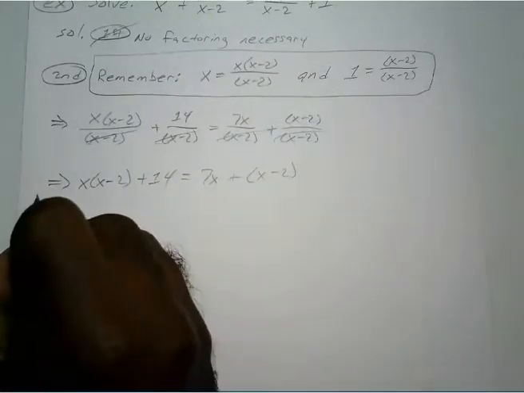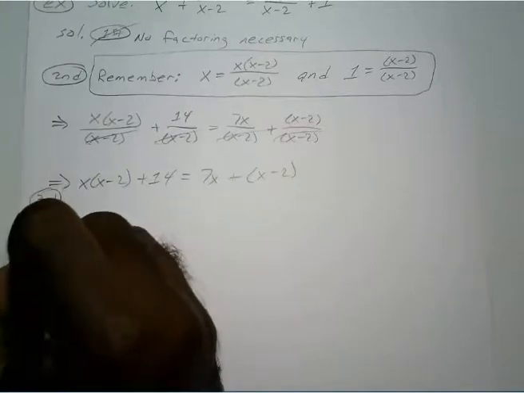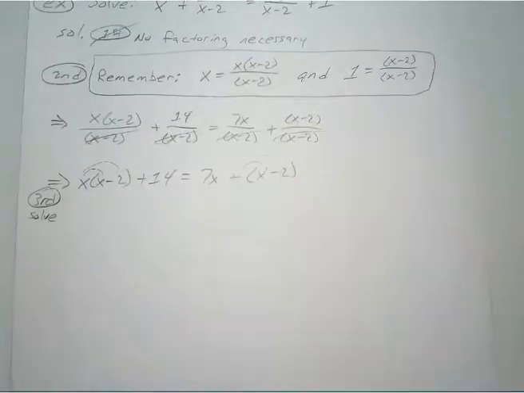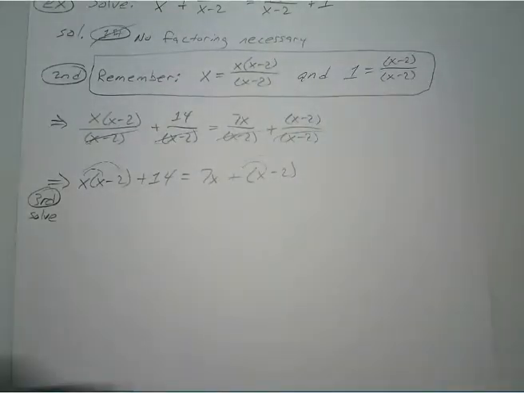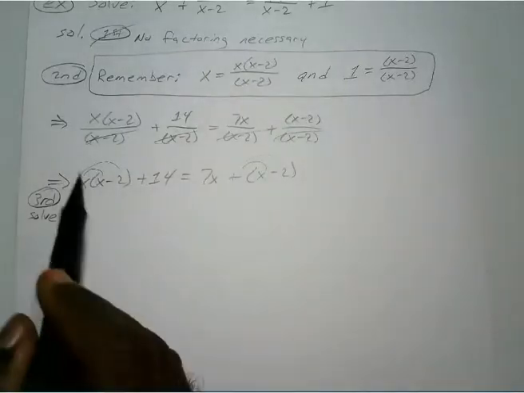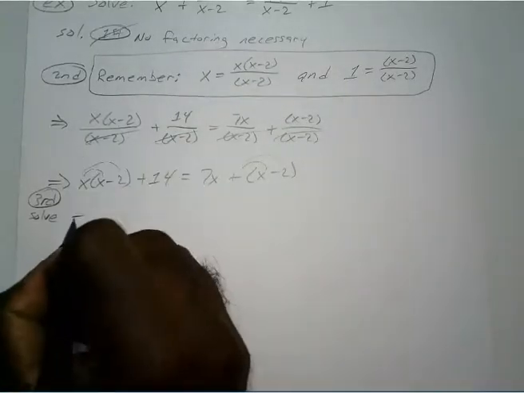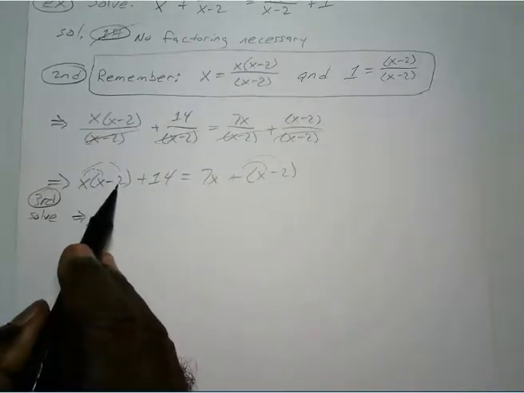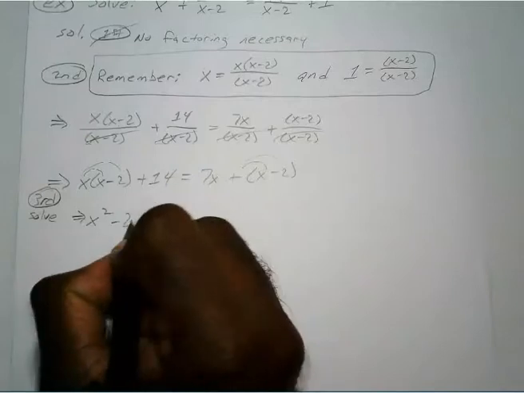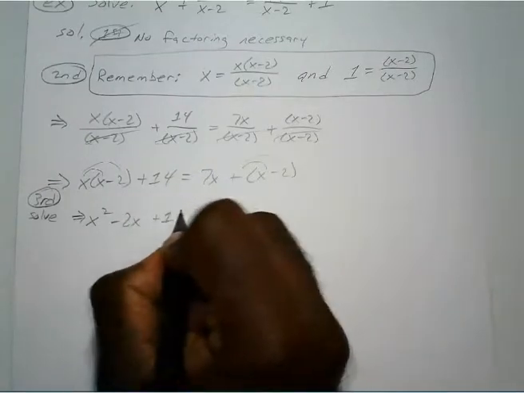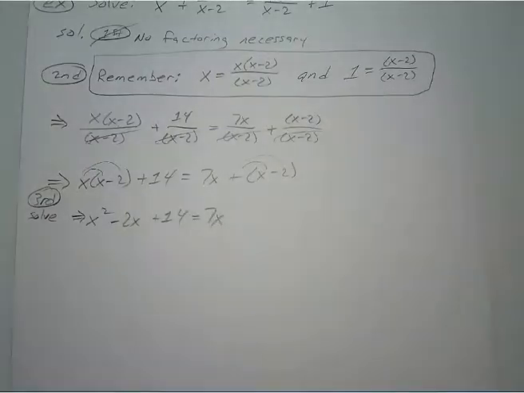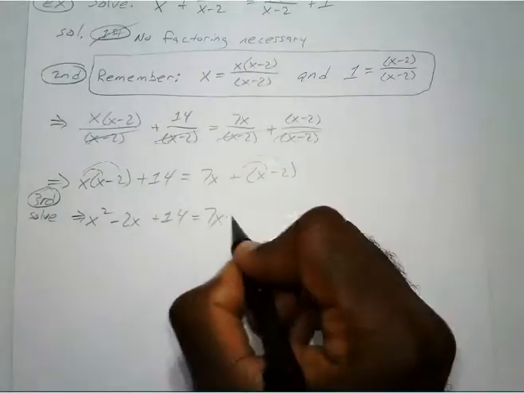All right, so we can go ahead and start to solve here. We can distribute the x here and distribute the 1 there, which is really just dropping the parentheses for that one. So x times x is x squared. X times negative 2 is negative 2x. Plus 14 equals 7x. 1 times x is x.